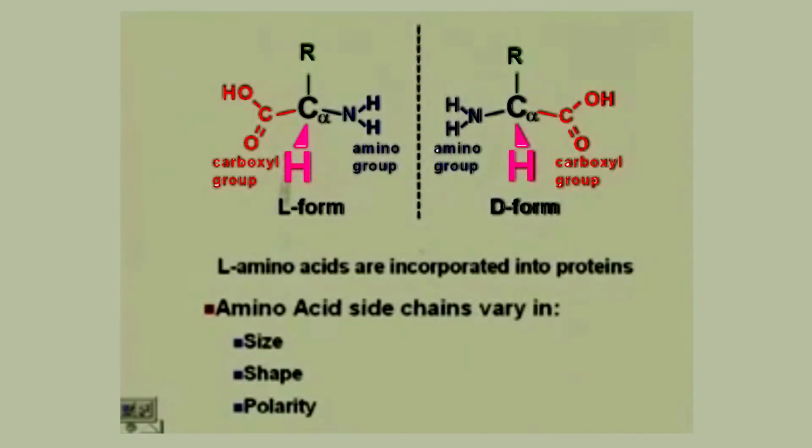Now, you understand that these side chains, the R group, can differ in size, shape, and polarity. We understand what each of these mean, but there are 20 common amino acids which have distinctive R groups with distinct properties of size, shape and polarity.